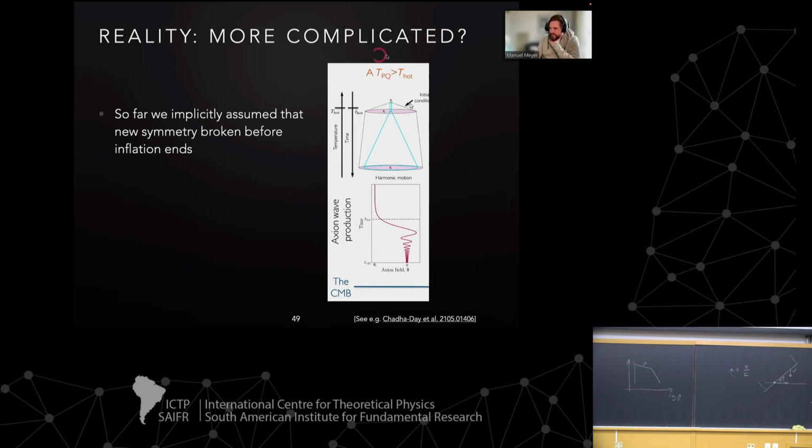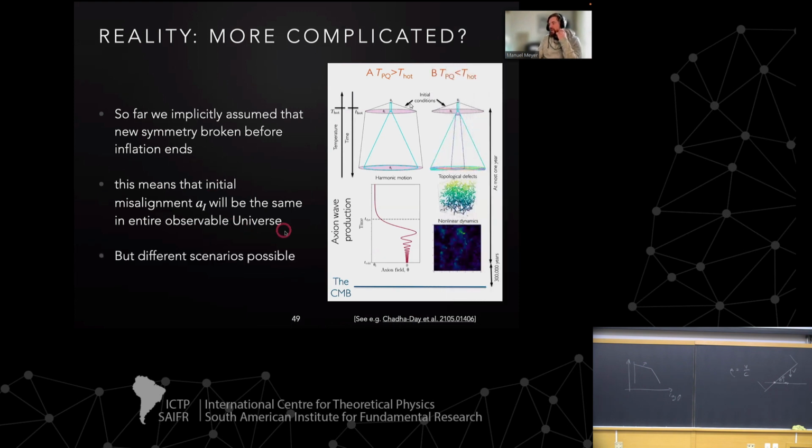And this is the case if the symmetry breaking, this f_a, is occurring in the very early universe before inflation stops. So as I said, initial misalignment will be the same in the entire observable universe. But it could also be different, that this symmetry is broken after inflation. And what will then happen is that the universe will have different patches with different initial misalignments.